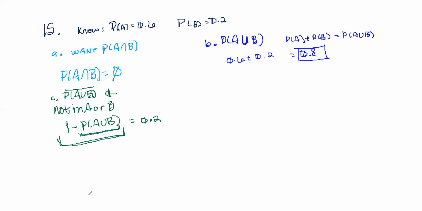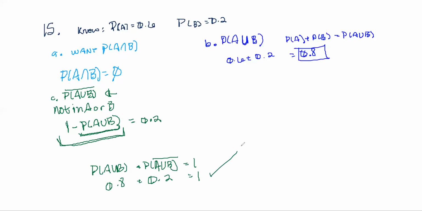How can we check to make sure that that's right? Well, the probability of getting something inside A or B plus the probability of not getting something inside A or B is going to be equal to 1, which is the probability of getting something, or for sure drawing something. It's either in A or B or it's not in A or B. And so we add these two together, and that checks out.